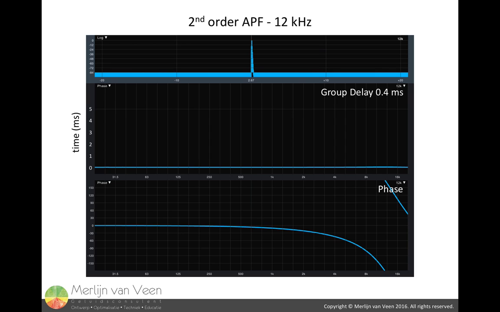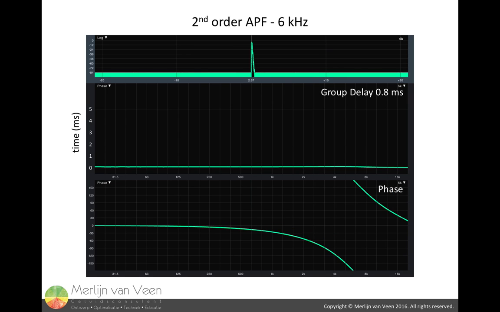With high corner frequencies, the same constant amount of phase shift, 360 degrees, translates to little group delay for a wide frequency range. However, if the corner frequency drops by 1 octave, group delay increases in exchange for fewer frequencies affected.